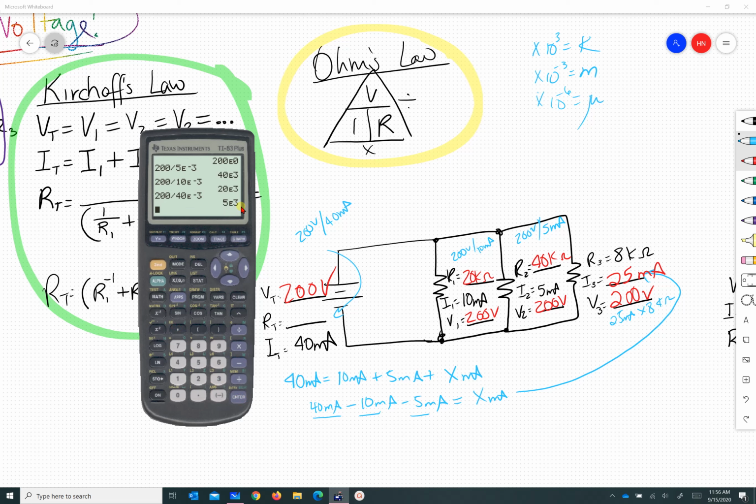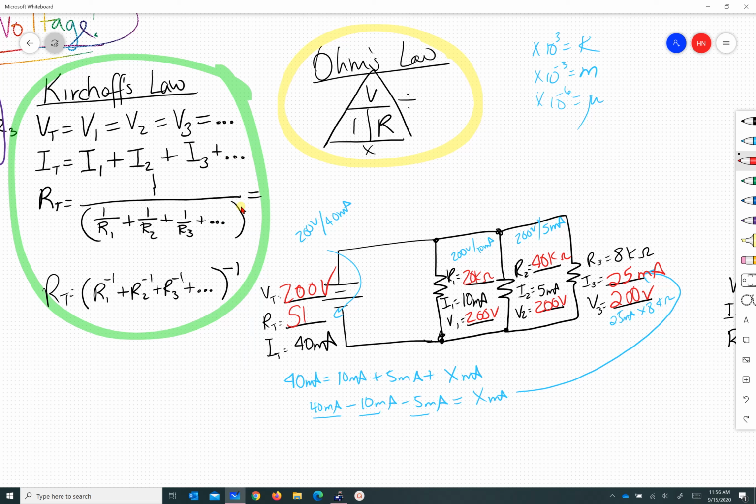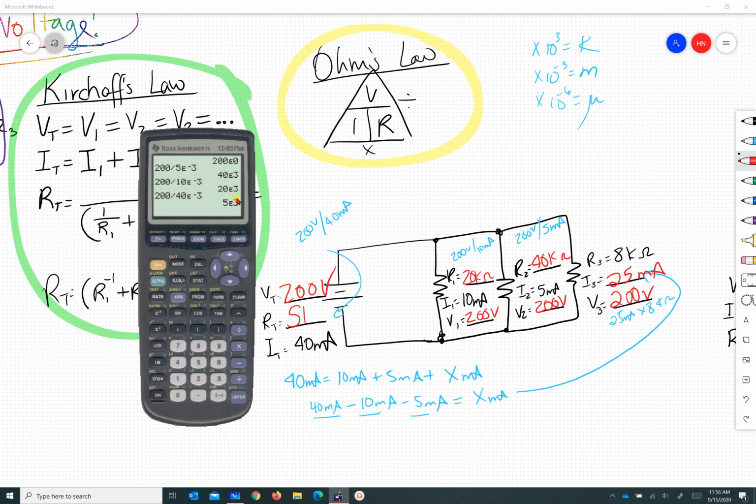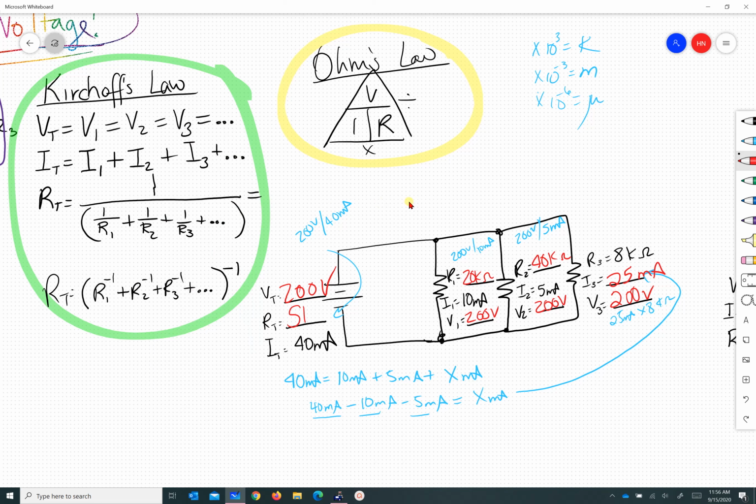That's a smaller number. 5 what? Did it have a prefix? Yeah, 5 to the third, 5 kilo ohms. Okay, so it does make sense, because remember, the overall resistance of my device is smaller than the smallest individual resistance. The smallest in this case is 8K, so the total is slightly less than that one.